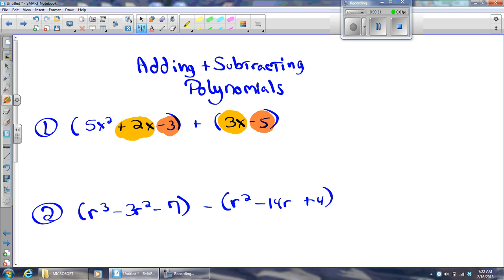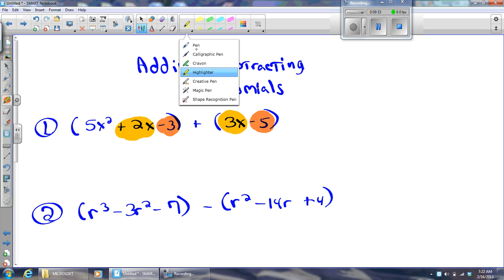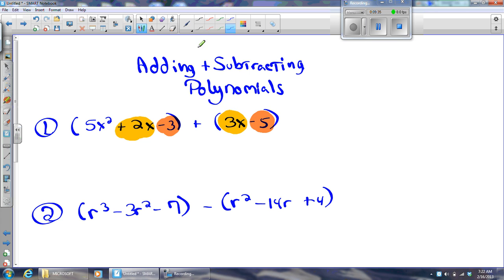All right, so I'm going to combine my like terms together. My 5x squared, which is by himself, my kind of dark yellow things that have been highlighted, and then my orange ones, minus 8. And by the way, I have a quadratic trinomial for an answer, right?